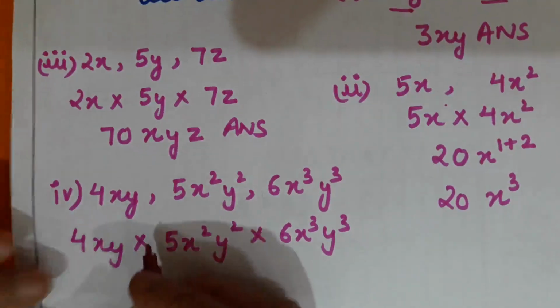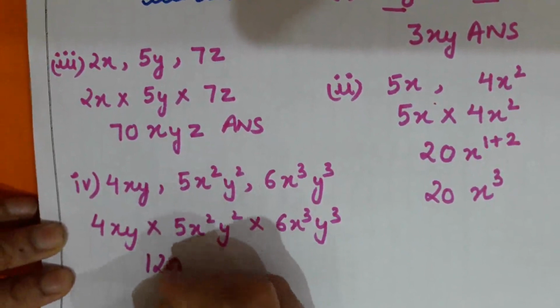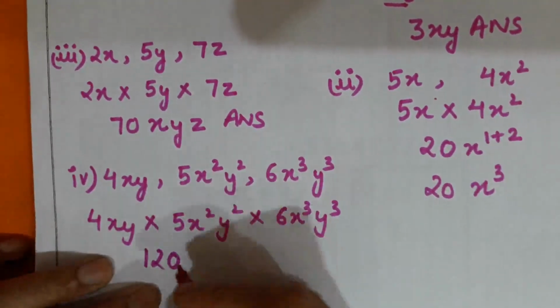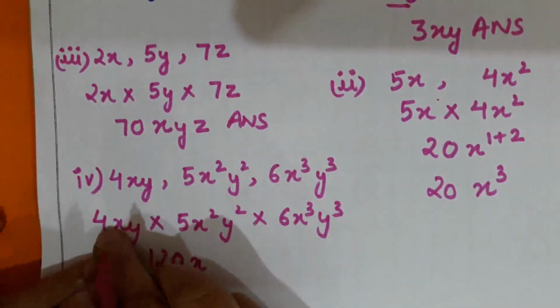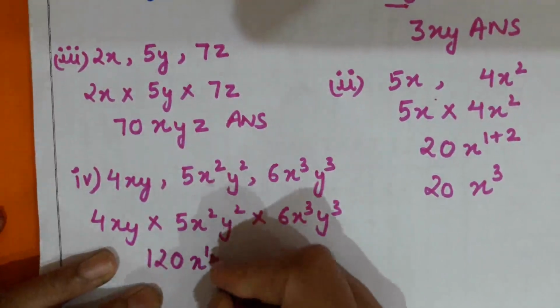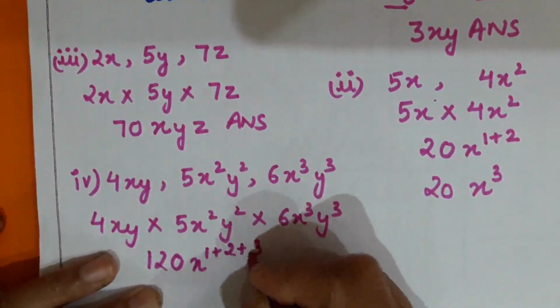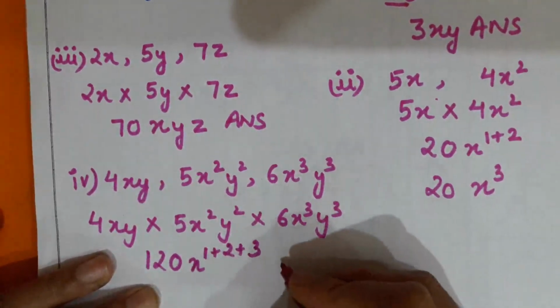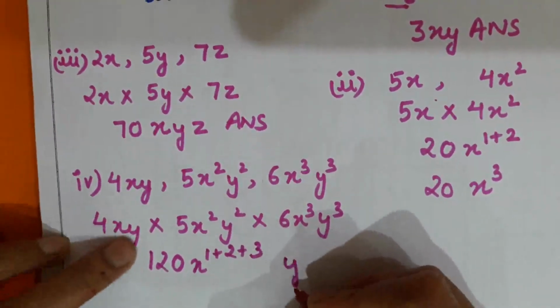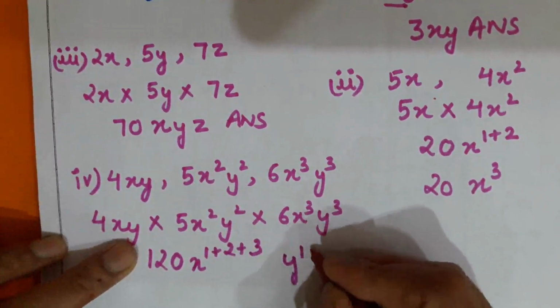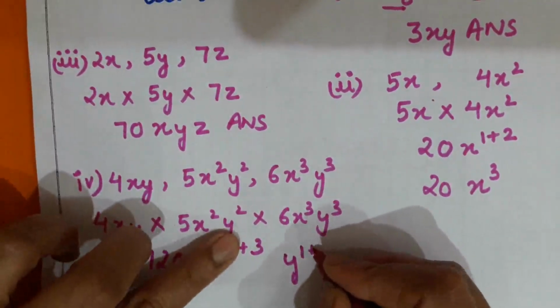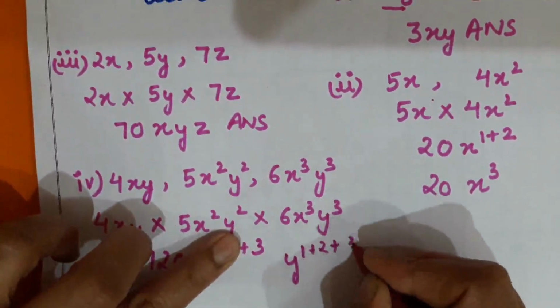Now let's deal with the power of x. Here the power of x is 1, plus 2, plus 3. Now y also has 1, here is 2 and here is 3.